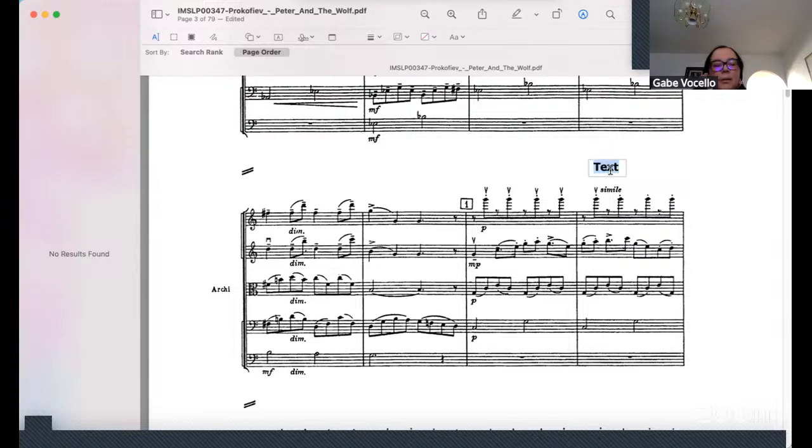Simile, same as previous, which means up bow. This is a bow, up bow. Up bow.